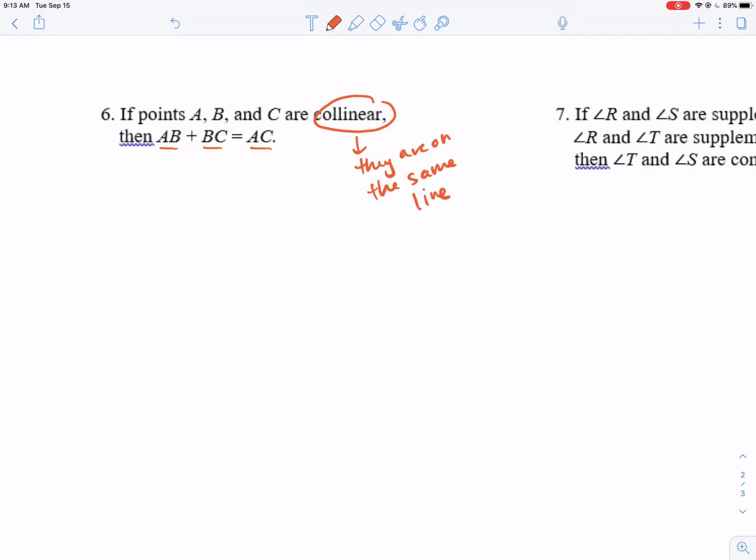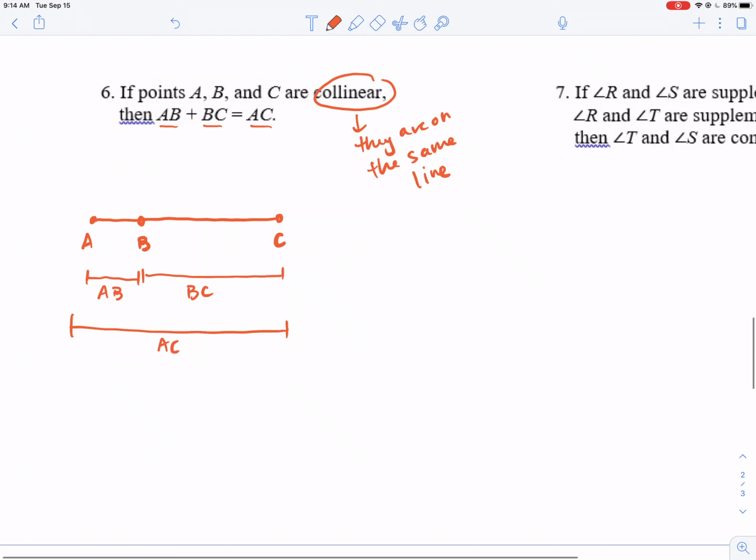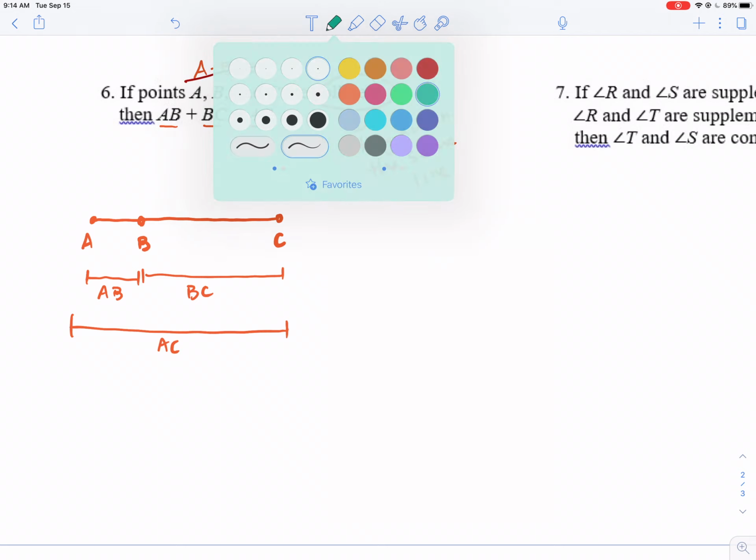So it's saying if they are on the same line, we can even say AB is this piece here, BC is this piece here, equals AC, right? But did it tell us that it was A, then B, then C? It did not. It just told us that they are on the same line.